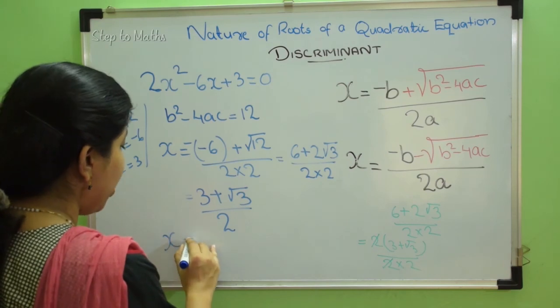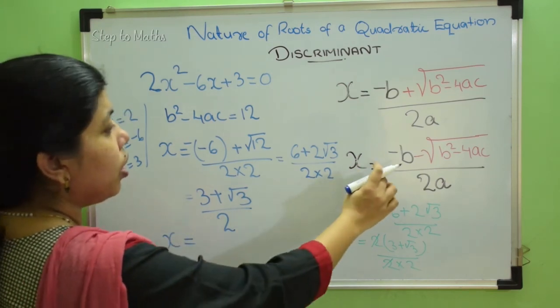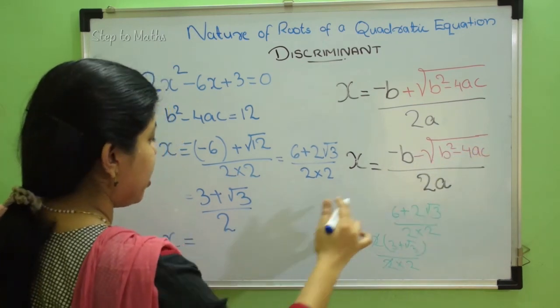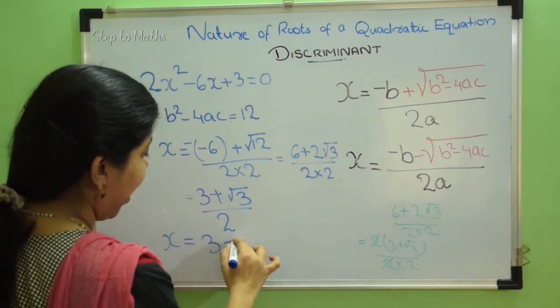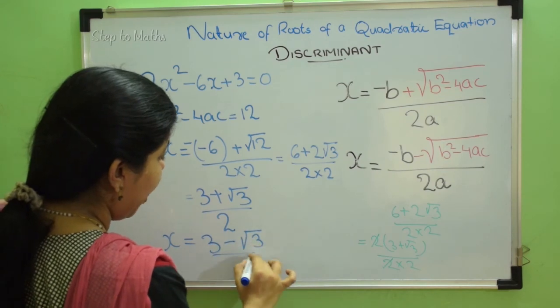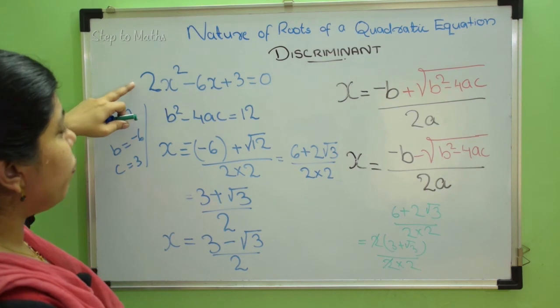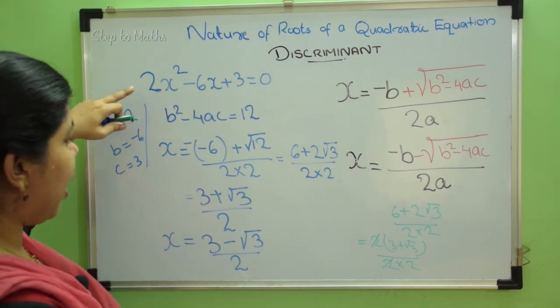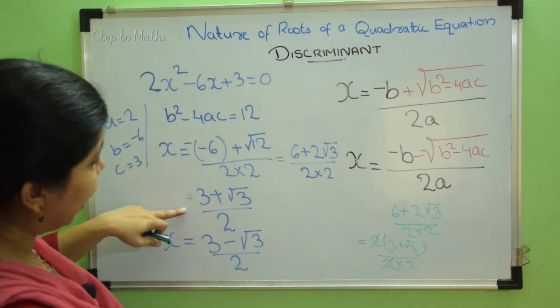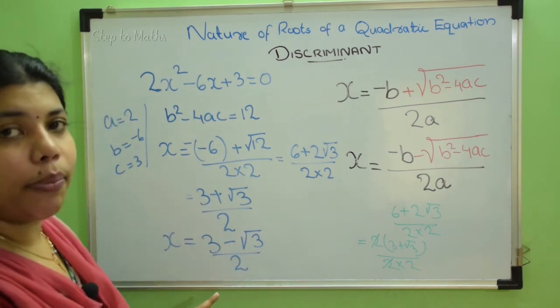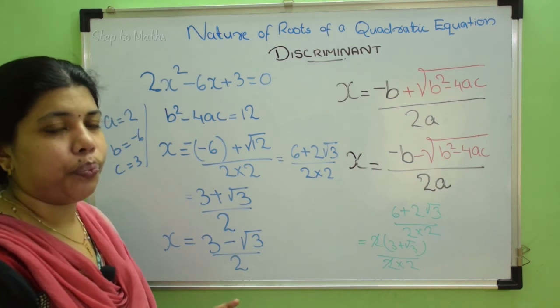That is the first root. What is the value of the second root? x is equal to (-b - √(b² - 4ac)) by 2a. That means (3 - √3) by 2. The roots of this quadratic equation are x = (3 + √3)/2 and (3 - √3)/2.